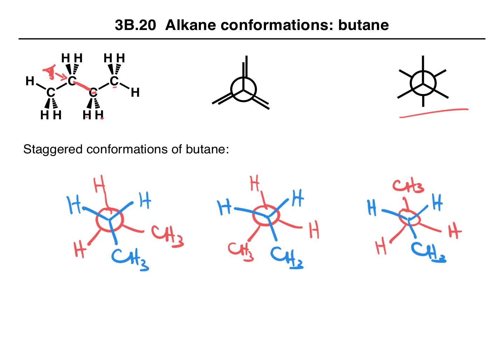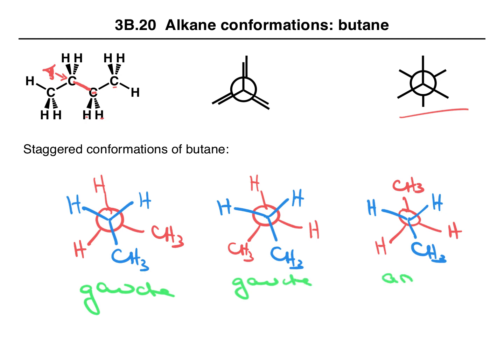But notice we have a difference in that these are not equal to each other. Here we have our methyl groups kind of near each other. Here we have our methyl groups kind of near each other. But here our methyl groups are completely across from each other. So this one is called a gauche conformation. This is also gauche.